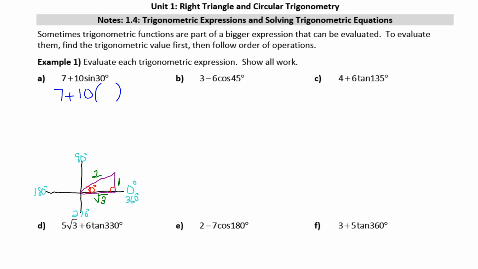Since this angle terminates in quadrant 1, all of the adjacent and opposite sides are positively signed. So the sine of 30 degrees is opposite over hypotenuse, or 1/2.